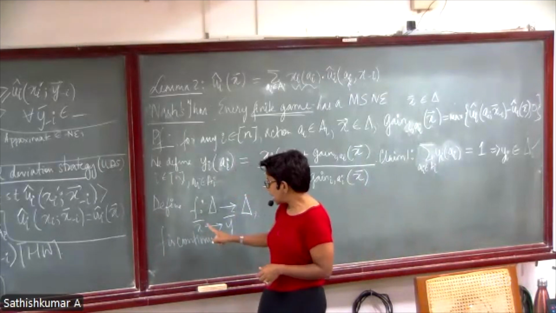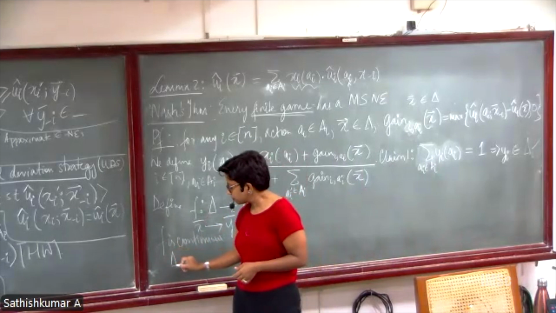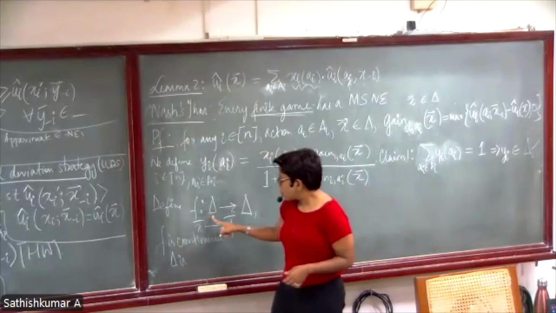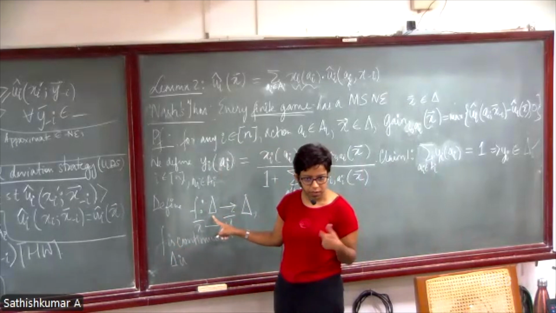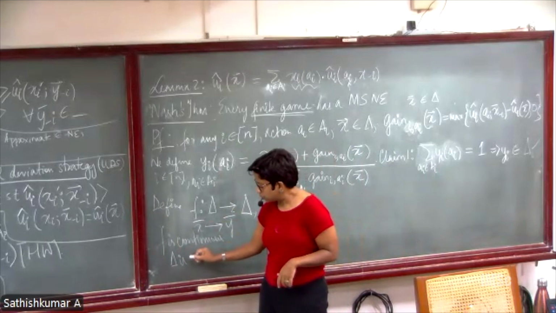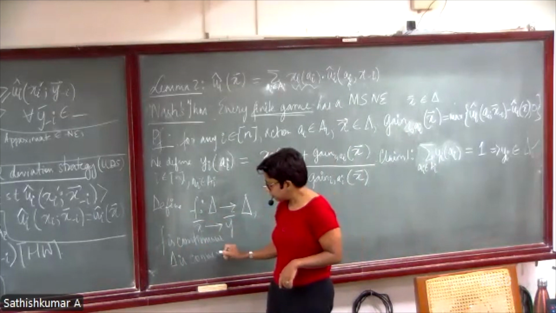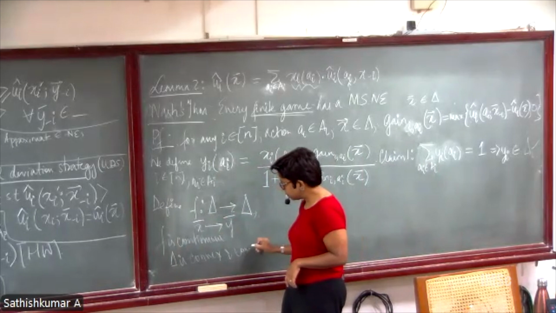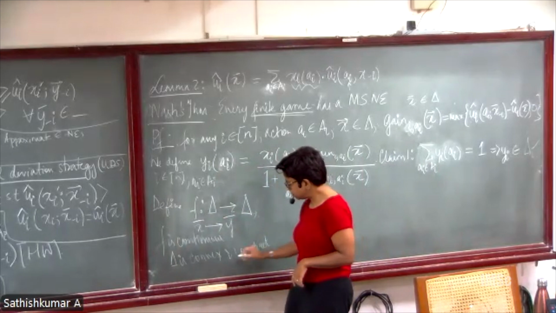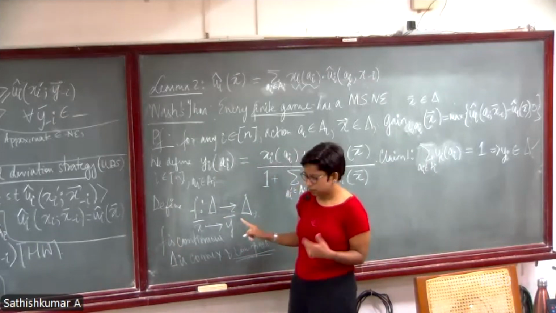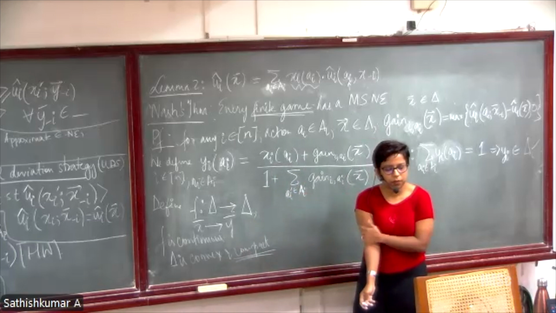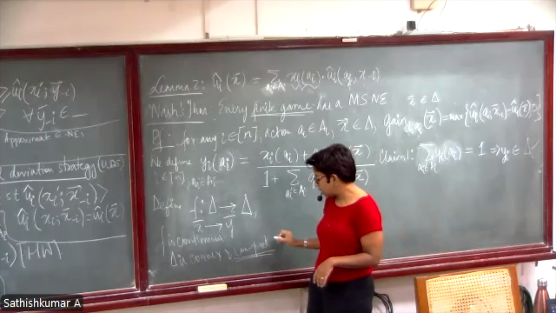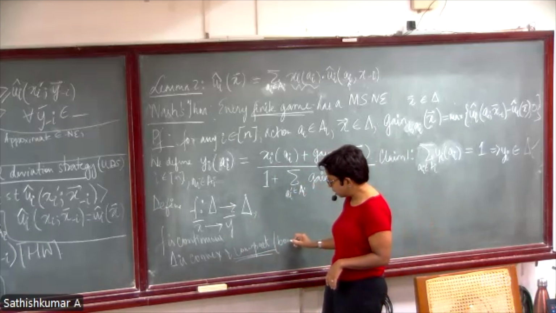This space delta is a subset of the Euclidean space, obviously. Delta is both convex and compact. As a subset of the Euclidean space, compact basically means it is bounded and closed, right?